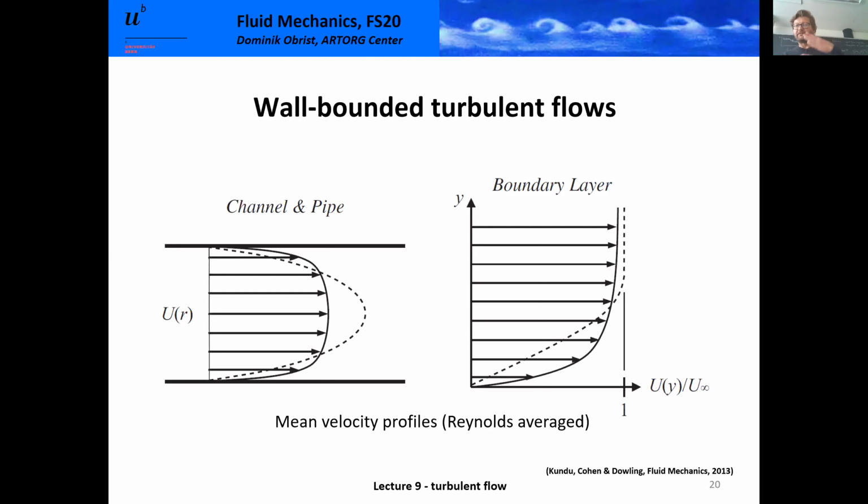The steeper the velocity profile, the higher the velocity gradient, the higher the shear stress. So that means that on average, and for technical purposes that's really what interests us, what is the average shear rate? On average, the shear rate at the wall of a turbulent flow will be higher than the shear rate of its laminar counterpart. This also means that the friction drag, or let's say the drag overall, will increase as soon as we have turbulent flow.